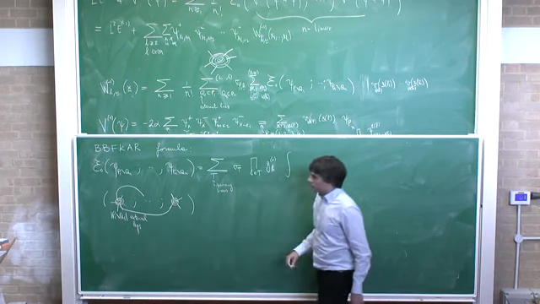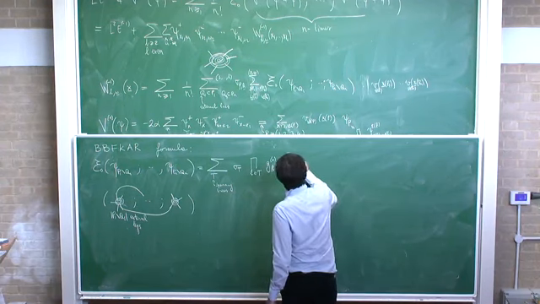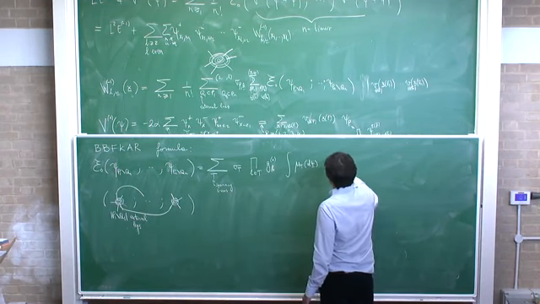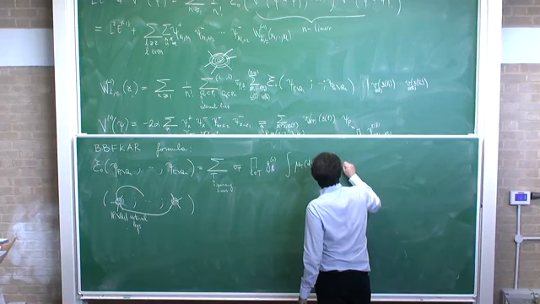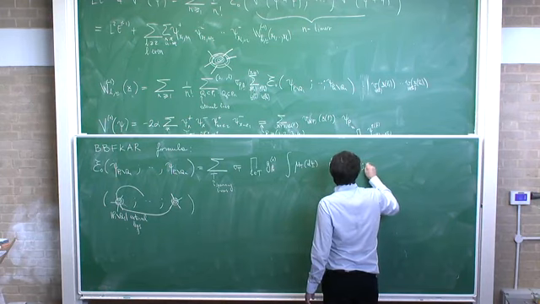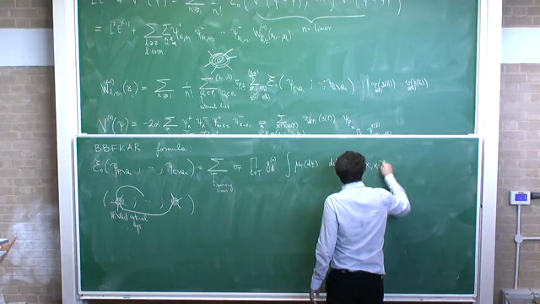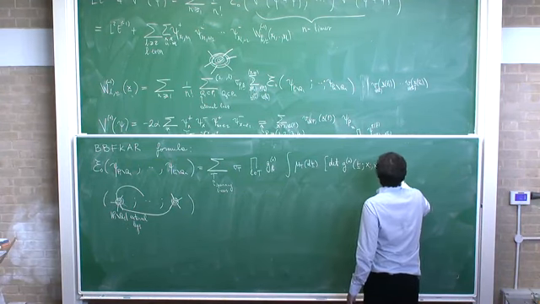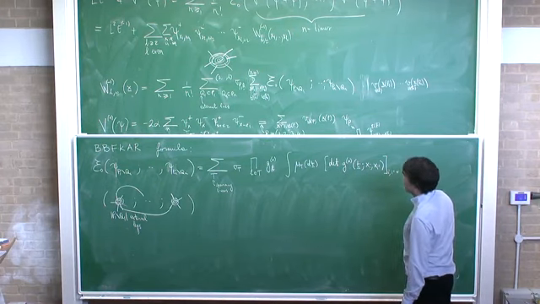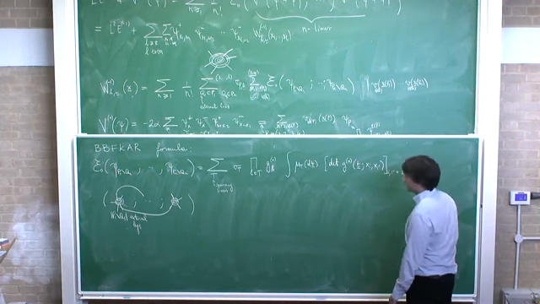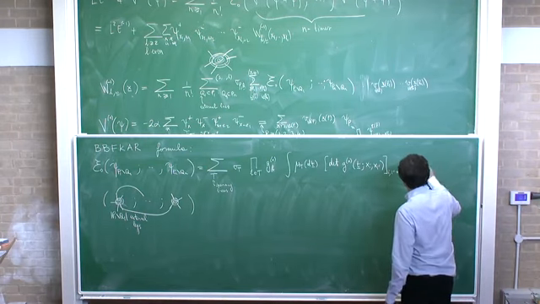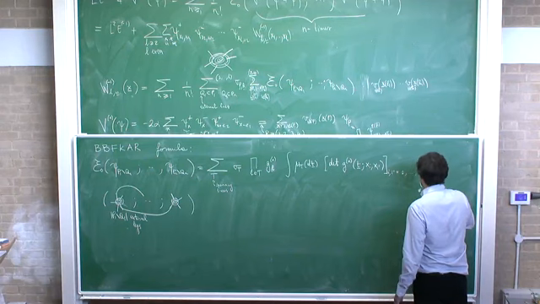This is a determinant. To be more precise, you get a formula which is an interpolation of determinant. This i prime goes from 1 to the number of propagators you're left with.